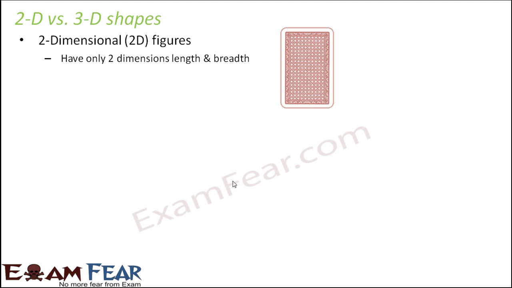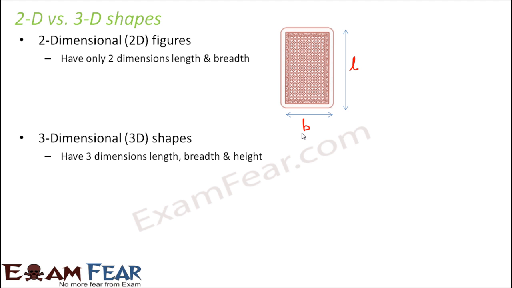So this playing card is a two-dimensional object. Why? Because we just have length and breadth to define its size. If this is the length and this is the breadth, only two dimensions are needed to define the size of this playing card. Now, a three-dimensional shape should have three dimensions, length, breadth and height. I will show you how using multiple playing cards, we can make a three-dimensional shape.